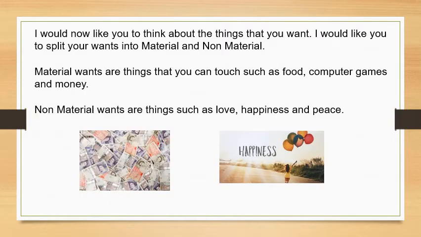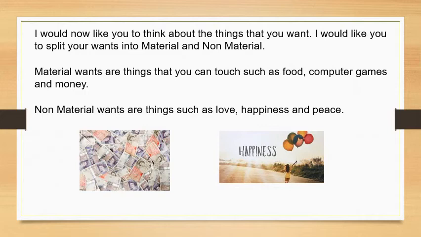Okay, so I would now like you to think about the things that you want. I would like you to split your wants into material and non-material. So material wants are things that you can touch, such as food, computer games, and money. And non-material wants are things such as love, happiness, and peace, things that you can't see but you can feel. So I want you to write down as many as you want, material and non-material wants.